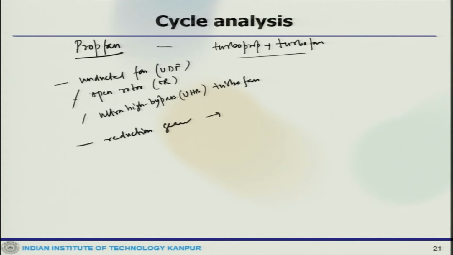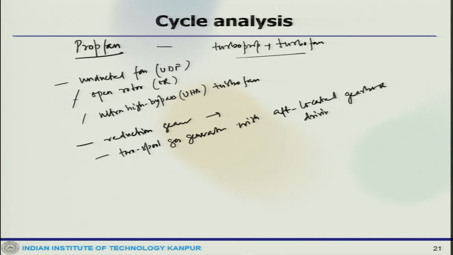So, the most common arrangement for the propeller fan is a 2 spool gas generator and an aft located gearbox driving a pusher fan.